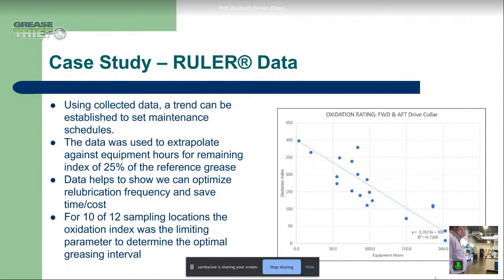Therefore, this necessitated a reduction in frequency, or more frequent greasing. This was the only example that was like this. In the rest of the study, most of the locations in the aircraft were doubled in frequency.